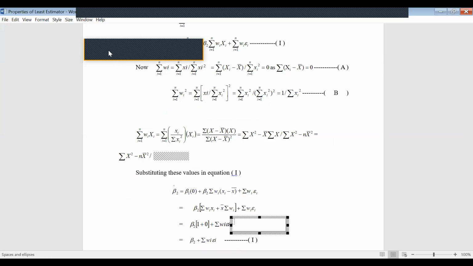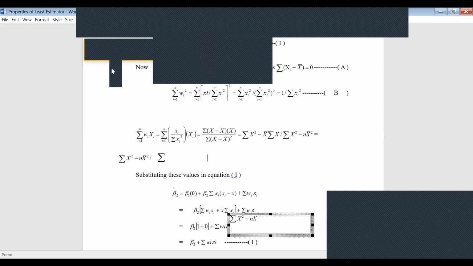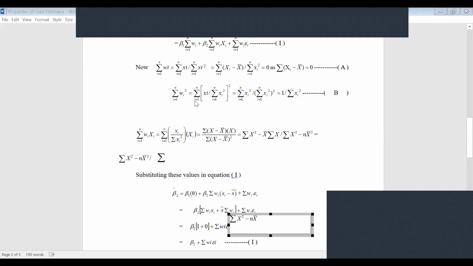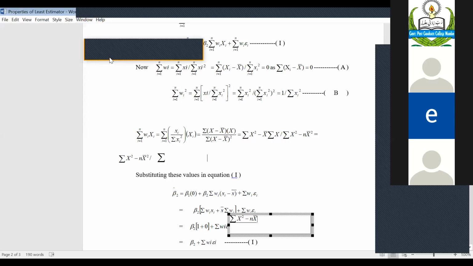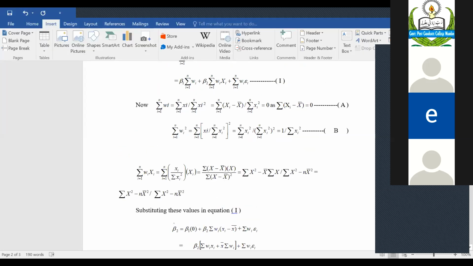So we have summation xi square minus nx bar square, this one, and that is equal to what?